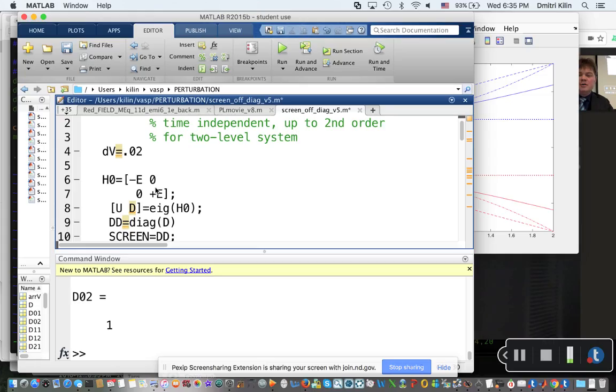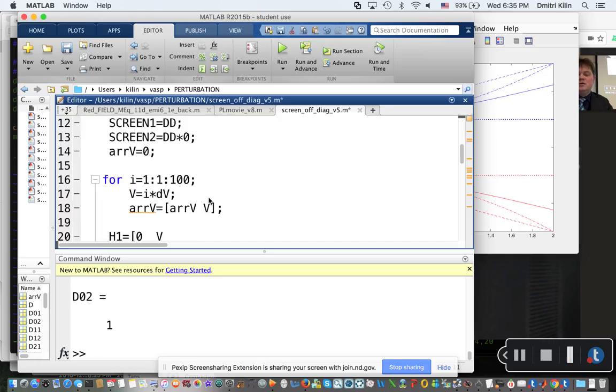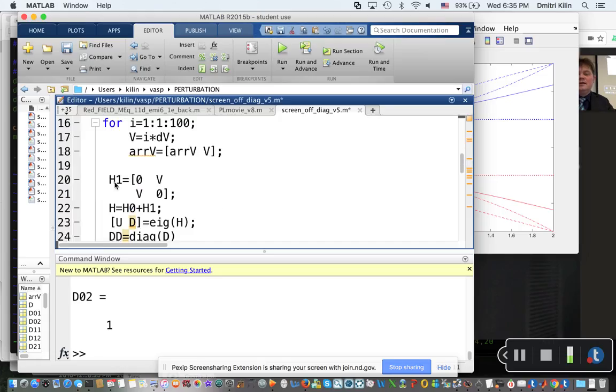for visualization. We can take the unperturbed Hamiltonian containing only diagonal elements, energy plus and minus on the diagonal, and then we add the perturbation, which will contain off-diagonal elements. Mechanically, it adds interaction between these two levels, and then we add together zeroth order and first order Hamiltonians in matrix form.